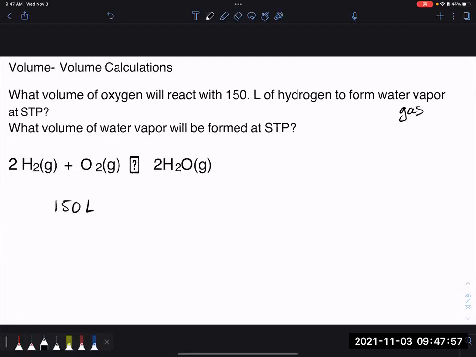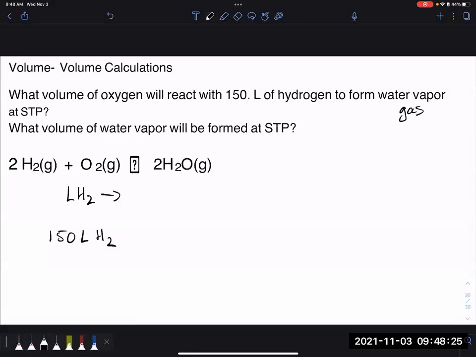Okay, so this is going to be very similar to our last one. We have 150 liters of hydrogen. Let's do another solution diagram. So you have liters of hydrogen. Because we're trying to convert from one substance to another through our reaction equation, we can only go from moles of one to moles of another.